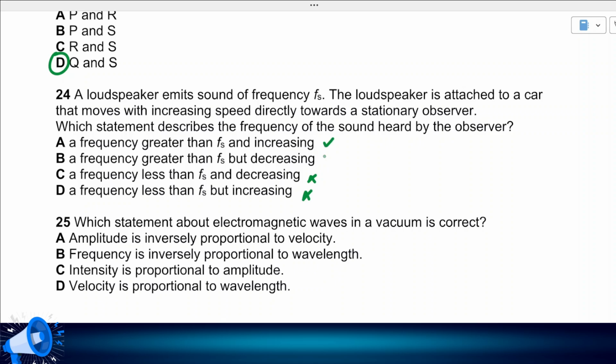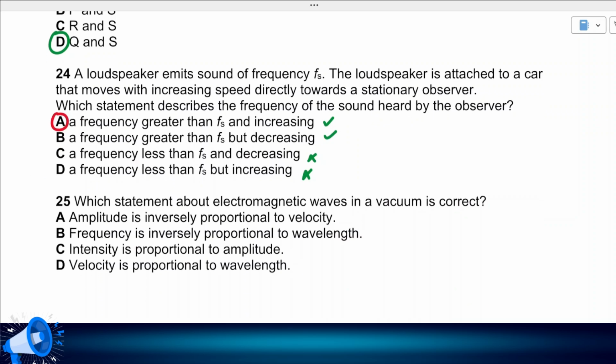So we have to pick between option A and B. And since the object is moving with increasing speed, the observed frequency would be greater than the source frequency and it would keep increasing.